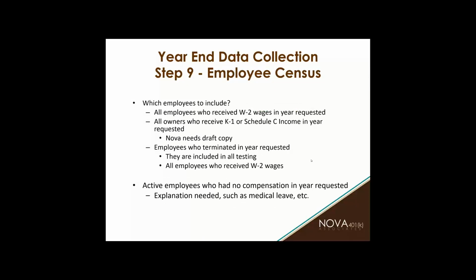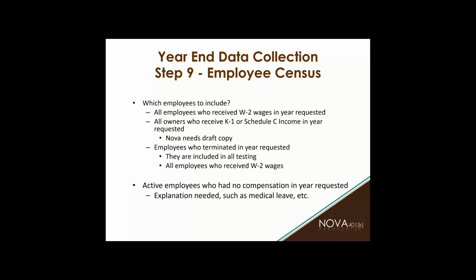The employees to include on that census template is every employee that received W-2 wages for the year we're requesting. It also includes any owners who receive partnership K-1 or Schedule C income. And as soon as those draft copies of those files are ready, please forward a copy to NOVA.